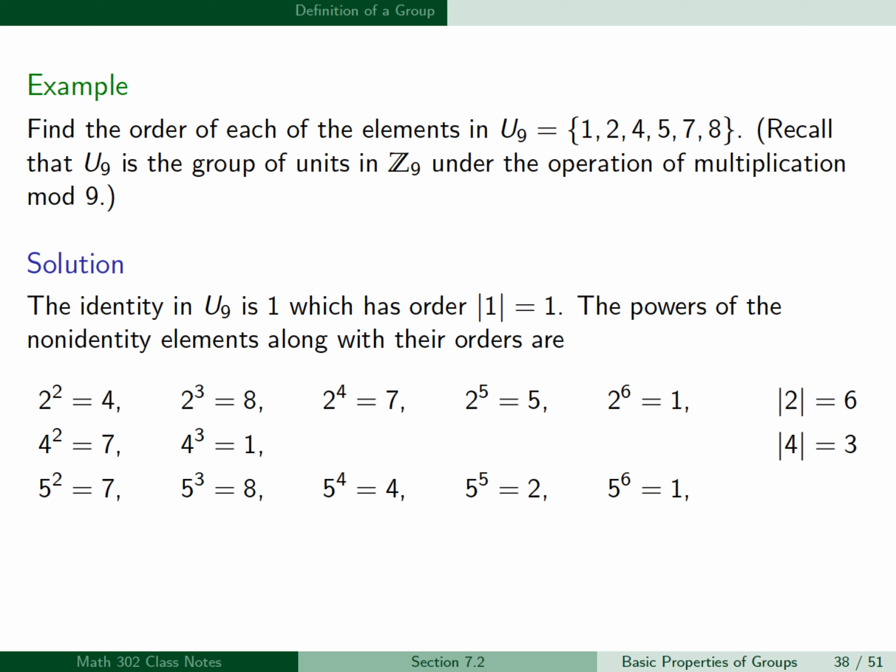That's the identity. So the order of 5 is 6. 7 squared is 4, 7 cubed is 1, so the order of 7 is 3. And 8 squared is 1, so the order of 8 is 2. So those are the orders of each of the elements in U9.